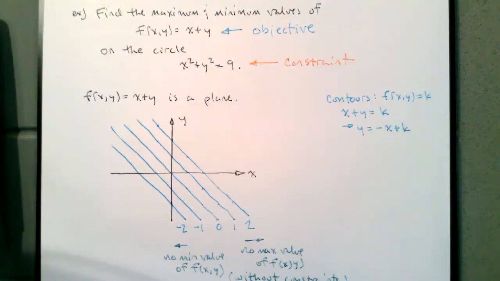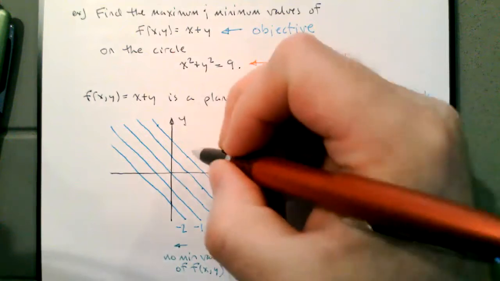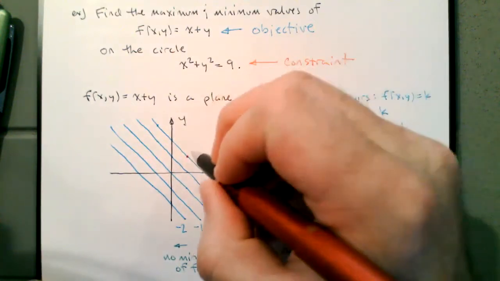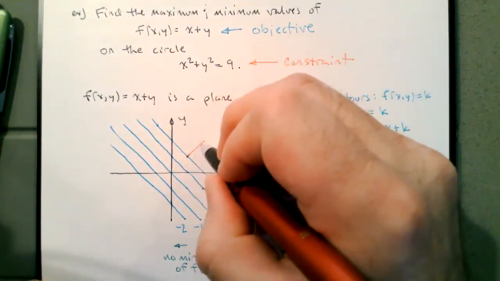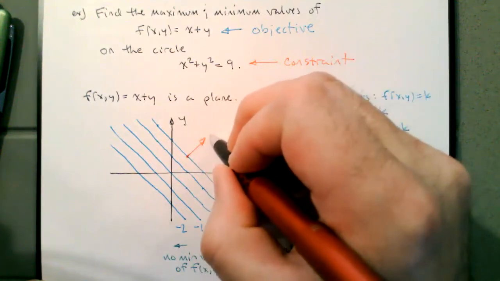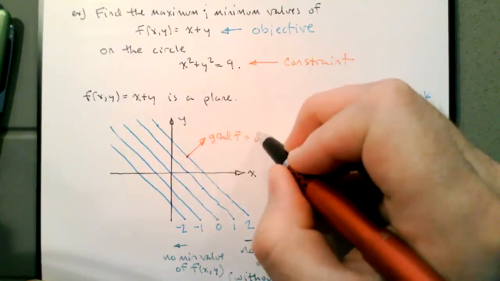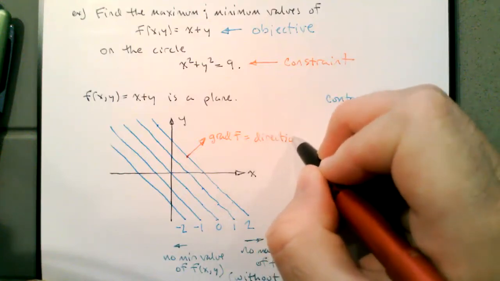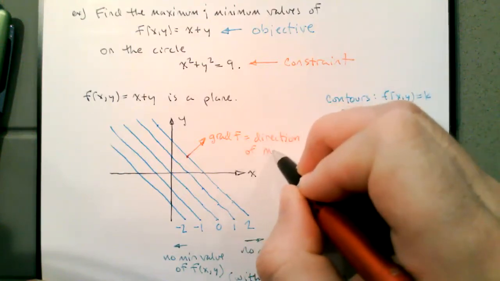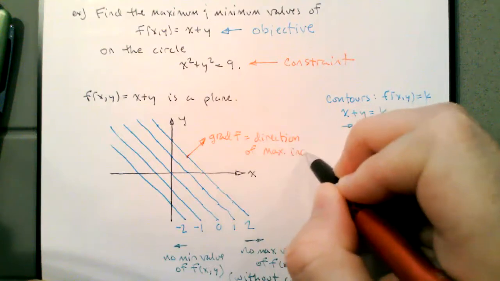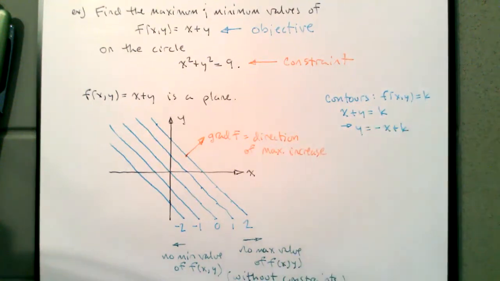So, I did want to point out, thinking about the things that we know, let's put the gradient on one of these contours, because it's going to be the same because we got a nice boring plane.